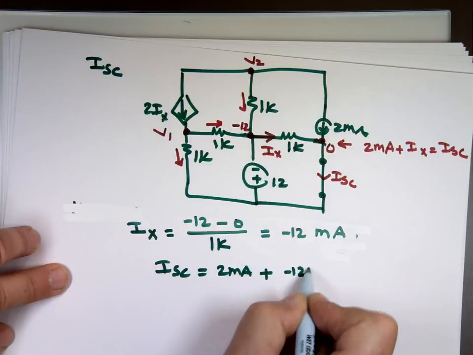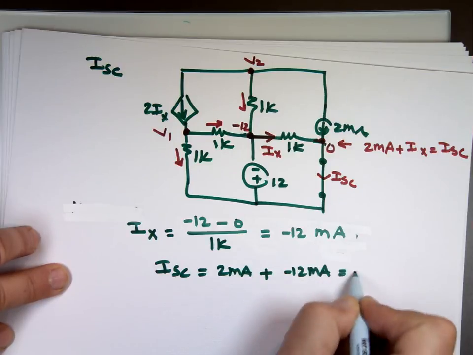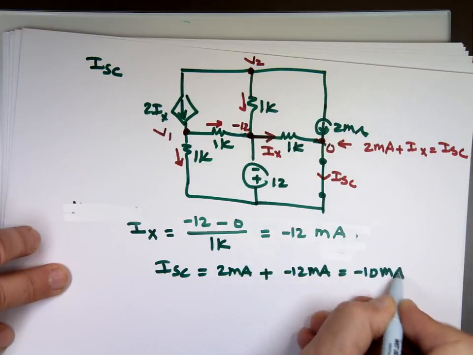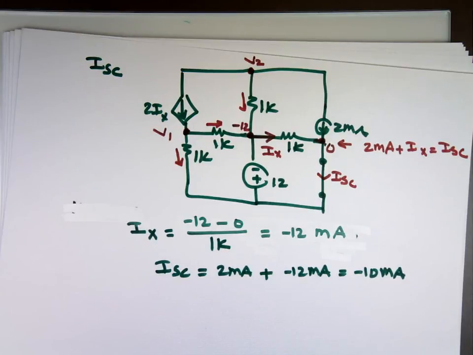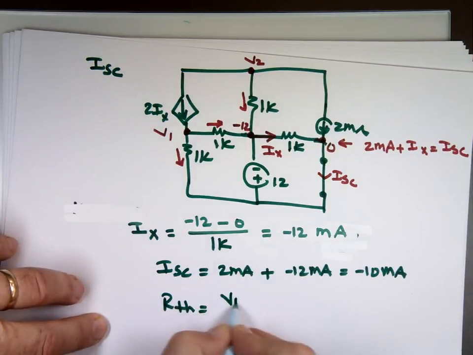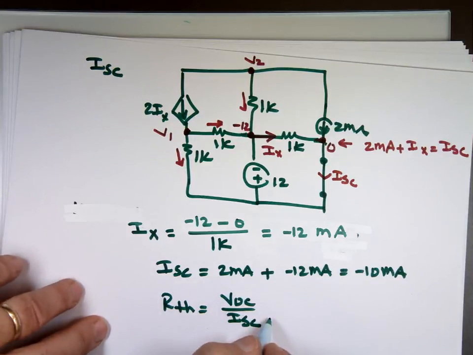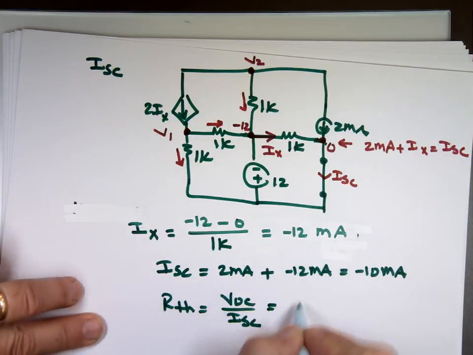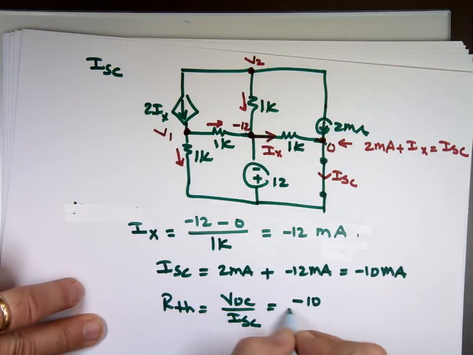Negative 10 milliamp. I don't think it was that easy, but it turned out to be that easy. Now I know our Thevenin: V open circuit over I short circuit. What's my V open circuit? Negative 10 over negative 10 milli, which is 1K.